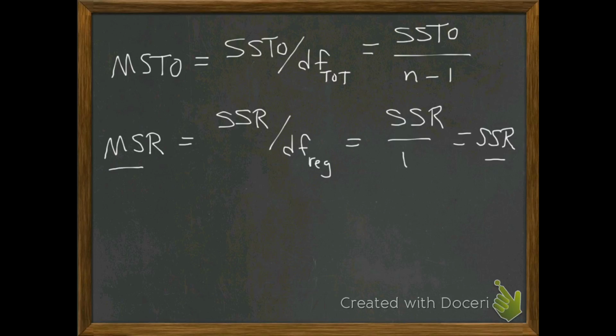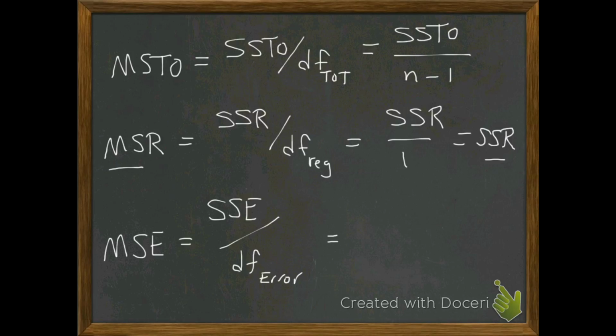It's just the sum of squares for the regression. And finally, the mean square for the error is nothing more than the sum of squares for the error divided by the degrees of freedom for the error, which is the sum of squares for the error over n minus 2.